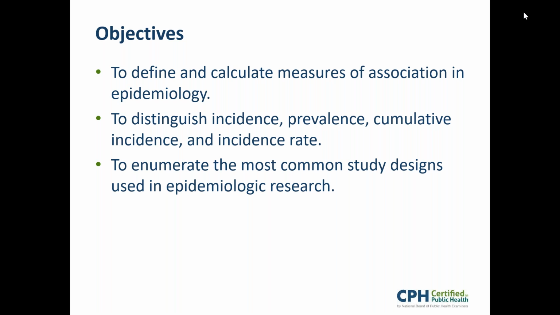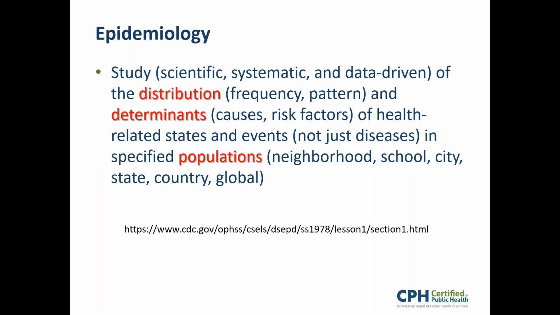So what is epidemiology? It's the study of the distribution and determinants of health-related states and events in specified populations, such as neighborhoods, schools, cities, etc. So let's break down a couple of these terms.